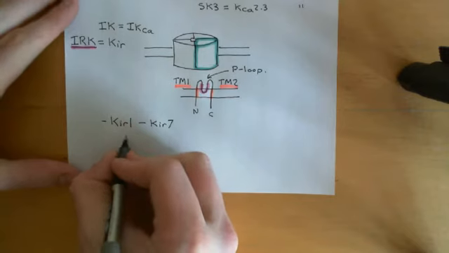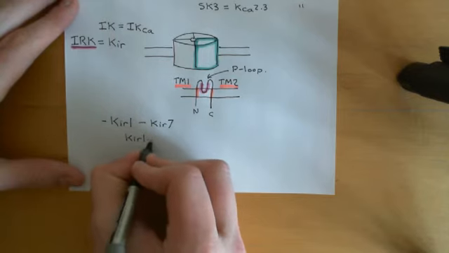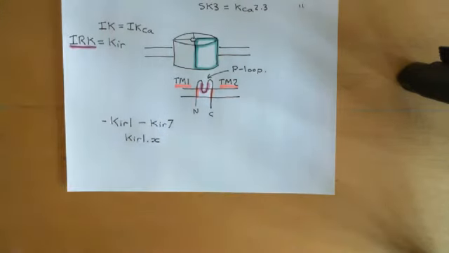The members of the family are then denoted KIR, so let's say we're talking about the first family, it would be KIR1.X. So it's the same nomenclature as always. And again, you can form homotetramers and heterotetramers of inward rectifier potassium channel subunits.